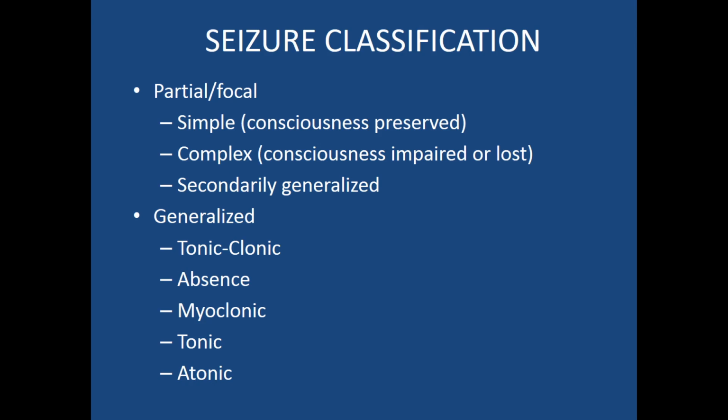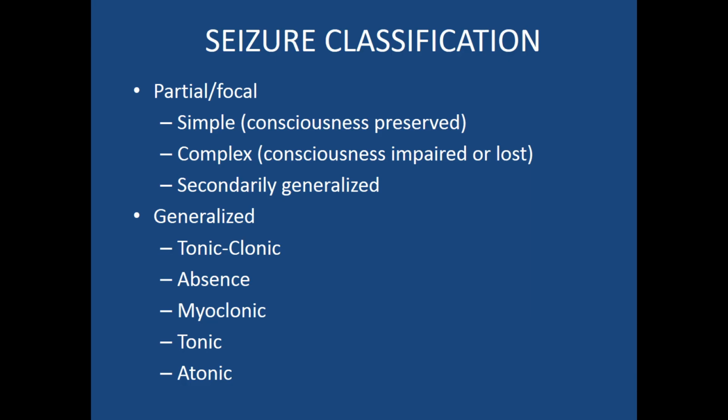Seizure classification includes partial or focal seizures. So it can be simple seizures, where consciousness is preserved. People can still be awake, alert, talking to you, and have simple seizures.